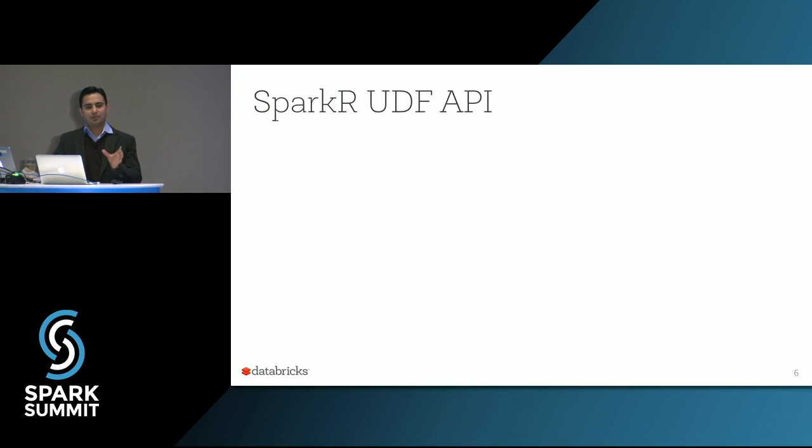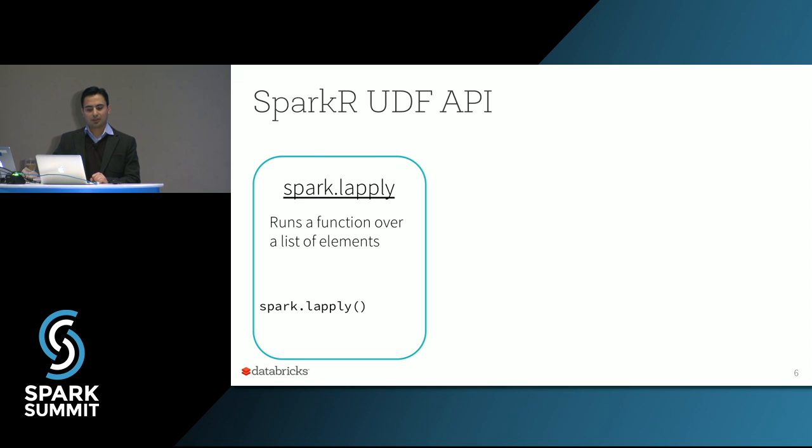They're in three buckets, or three general types of UDF functionality. The first one is spark.lapply, and what it does at a very high level is run a function over elements of a list in a distributed fashion. There's only one function in this category.